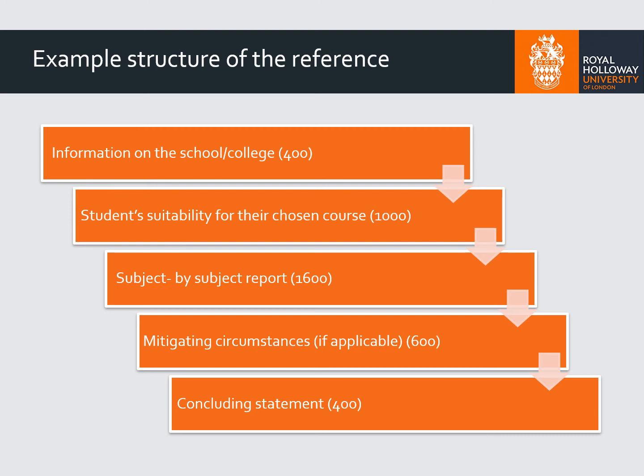Then really focus on their suitability for their chosen course. If they're studying A-levels or individual BTECs, then a subject by subject report. If they're studying an access to higher education diploma, then some information about what subjects they studied in that diploma, any mitigating circumstances, and a concluding statement.